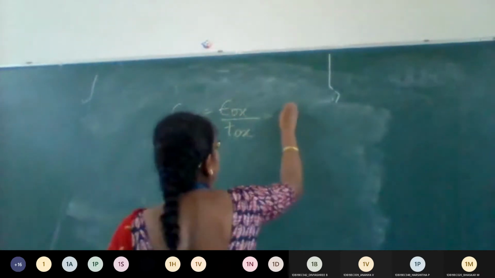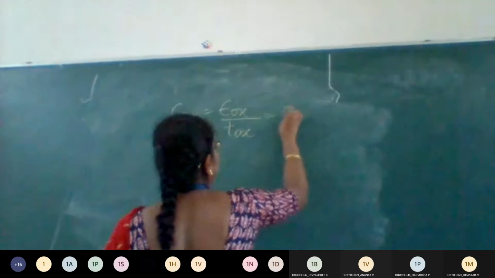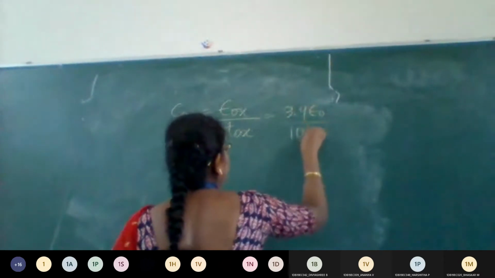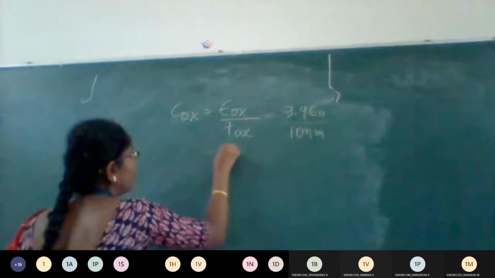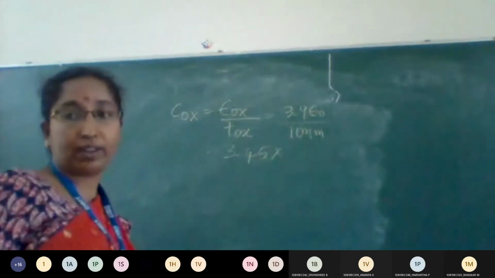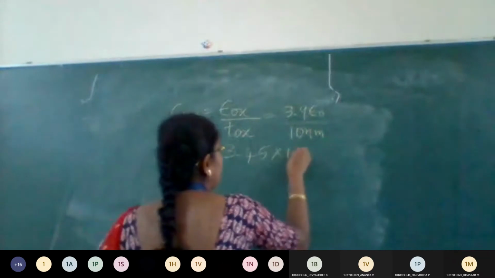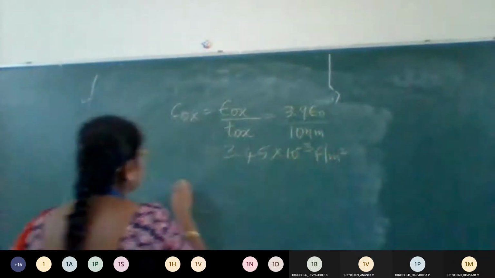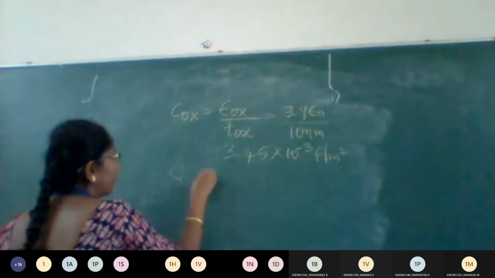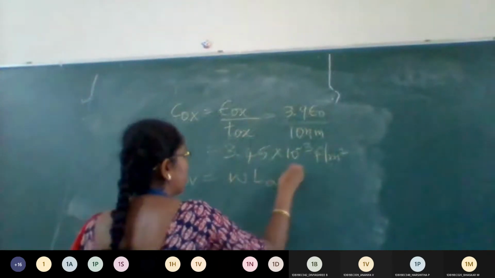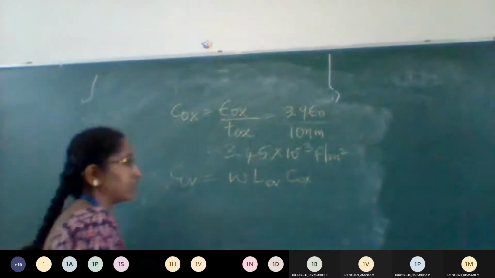So epsilon will be 3.9 times epsilon naught, by thickness 10 nanometer. This one you got as 3.45 into 10 power minus 3 farad per meter square. Am I correct? And next, overlapping capacitance, W times LOV times oxide capacitance.